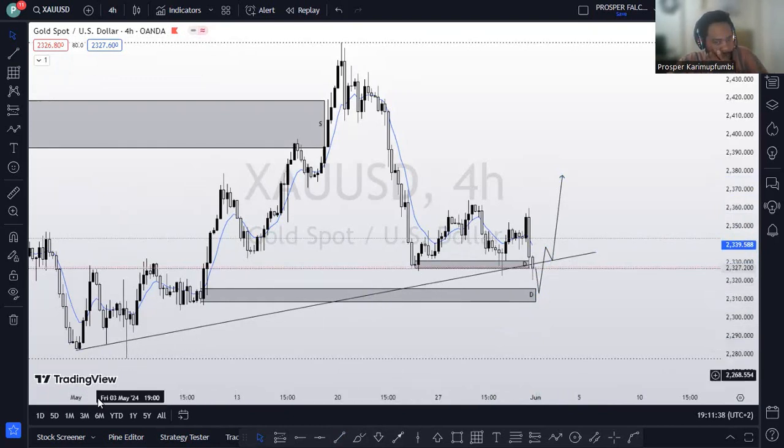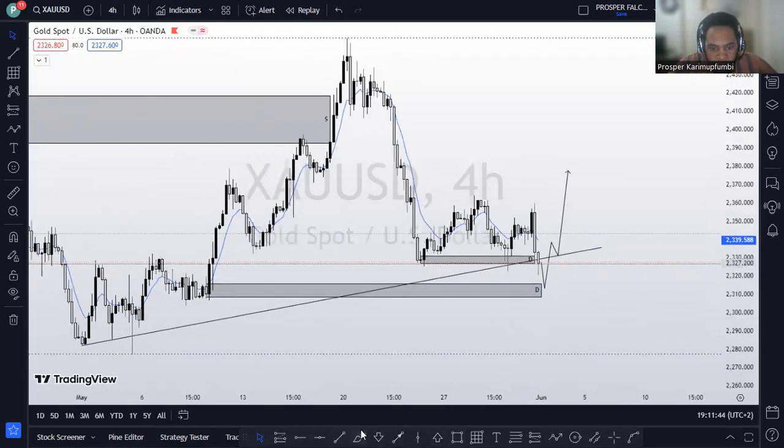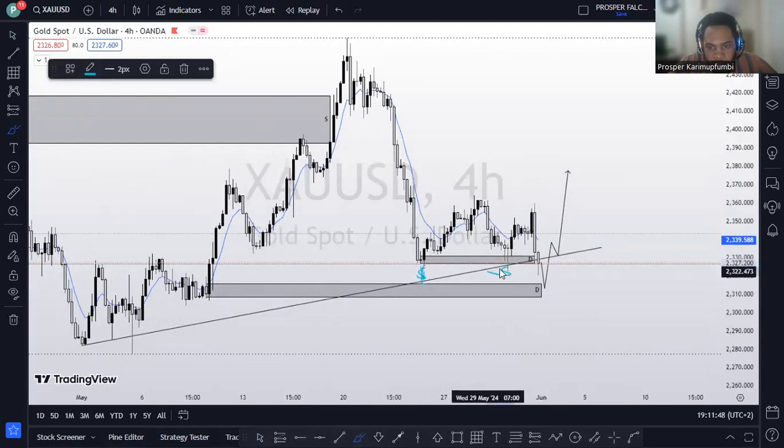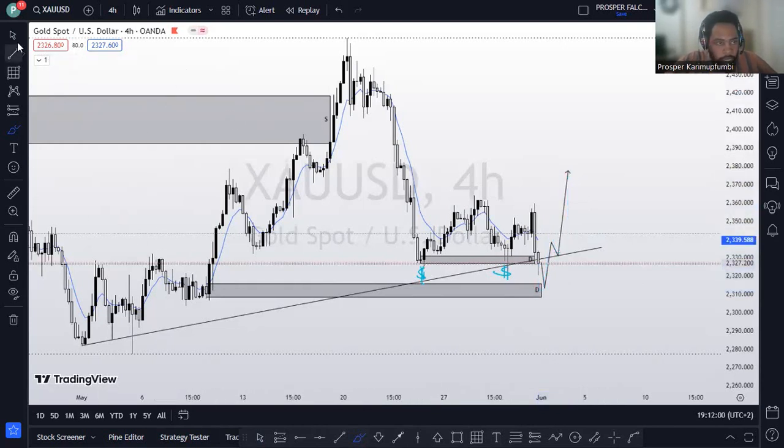There is liquidity down there that actually needs to be grabbed. So we might grab the liquidity, continue up, and then give more of a bullish move there. That can actually happen.